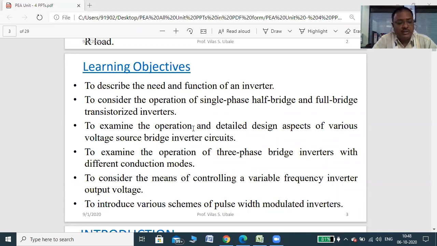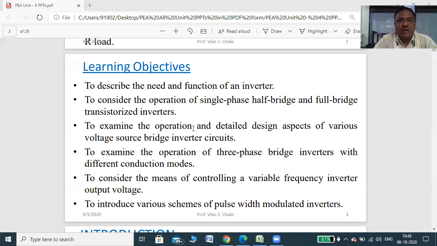Okay. Normally, the input supply to the inverter is a DC. So DC can be obtained from a battery or a line supply voltage through a converter, right? Normally, a battery is not convenient to use because the maintenance of a battery is very large. Even you have to charge the batteries and so on.